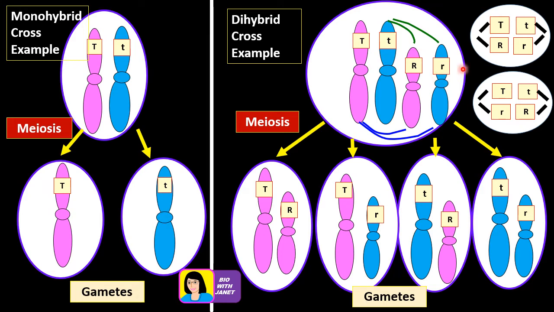Simple, you see? Now, you can see this cell. In this cell, we didn't show the chromosomes. We just show the alleles. But imagine that each allele is on its chromosome.